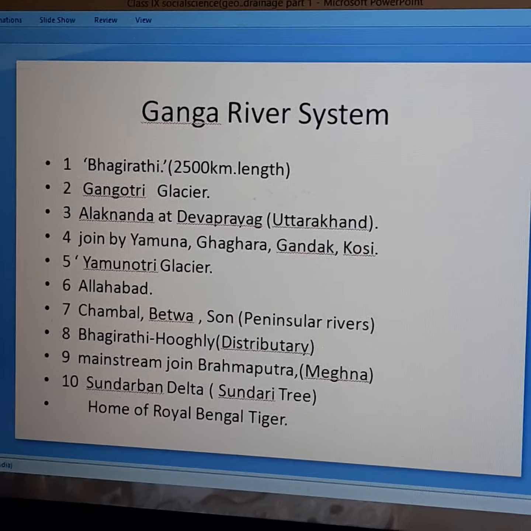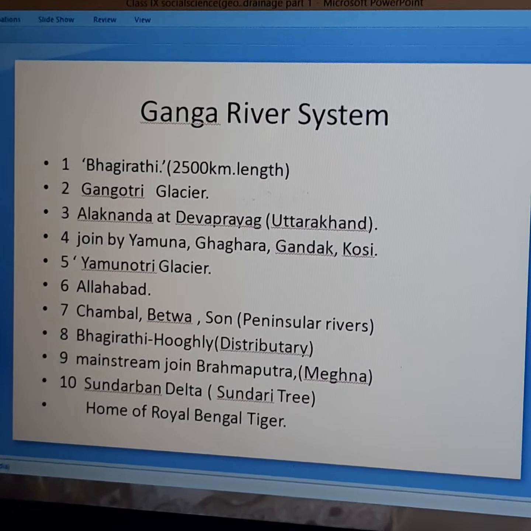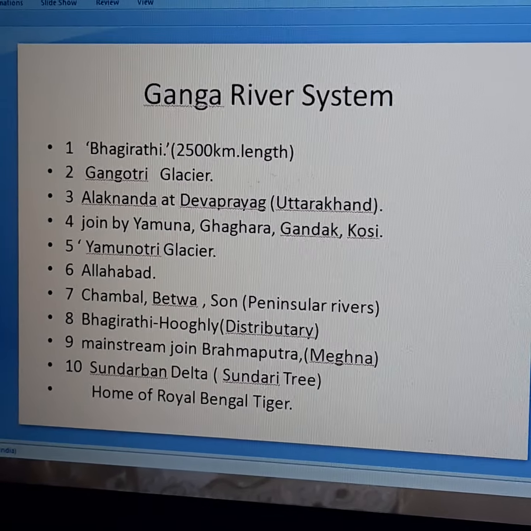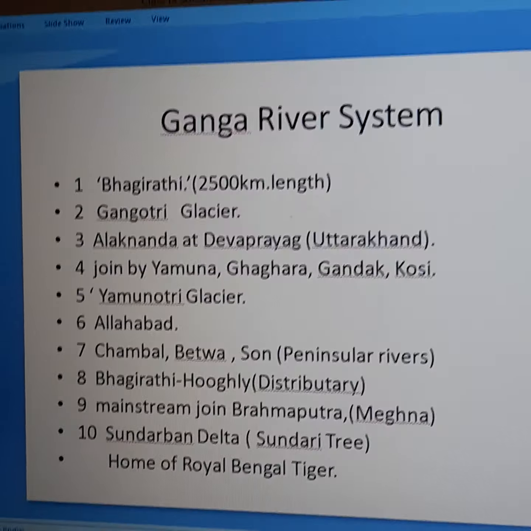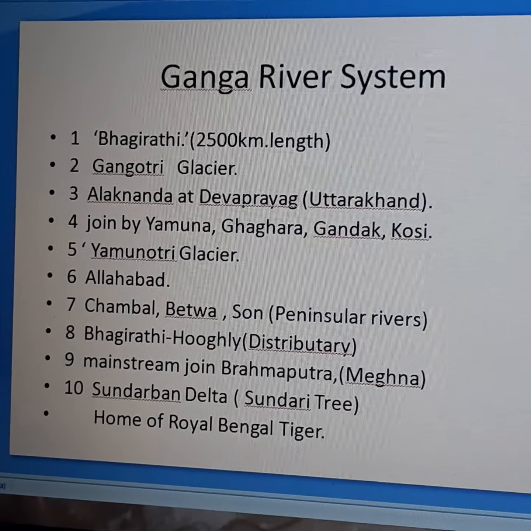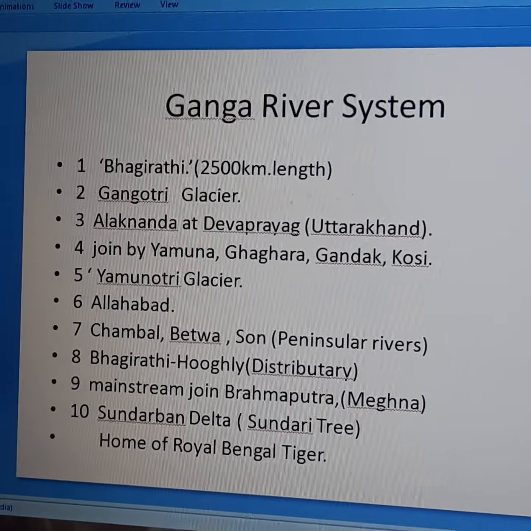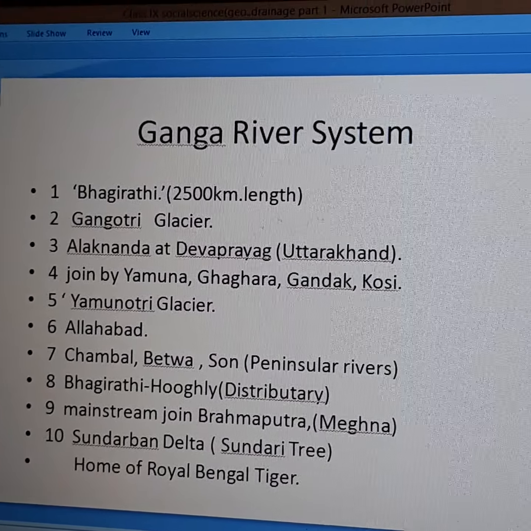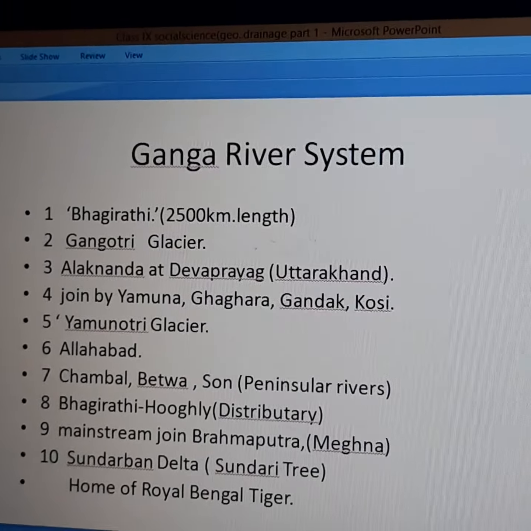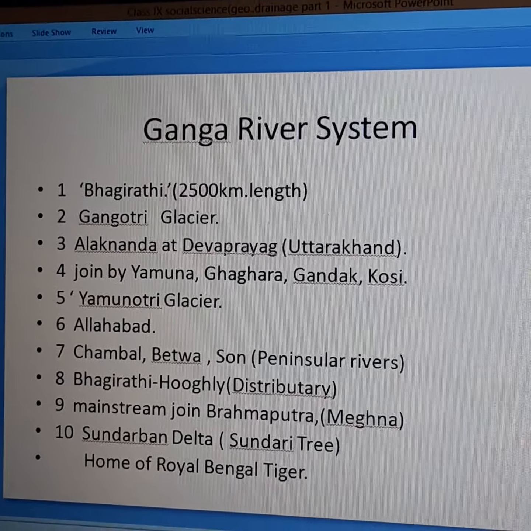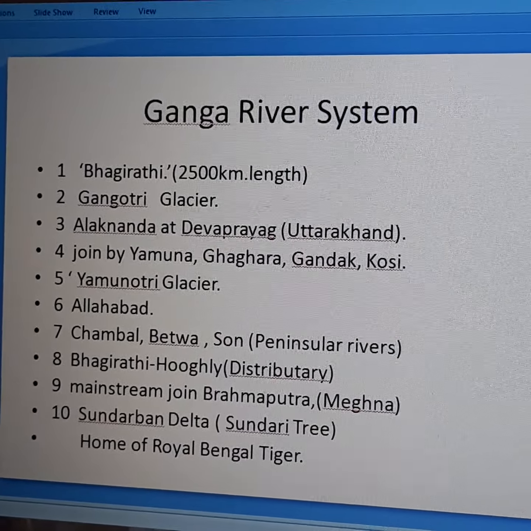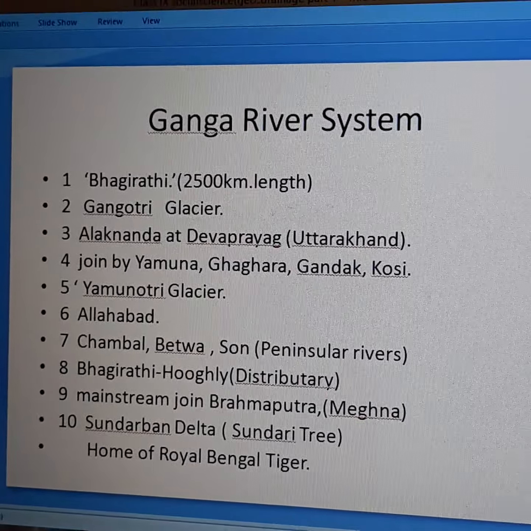Then the Ganga flows eastwards till Farakka in West Bengal, which is the northernmost point of the Ganga Delta. The river Ganga bifurcates here at Farakka, and one branch flows southwards through the deltaic plains to the Bay of Bengal, which is called Bhagirathi Hooghly in this area.